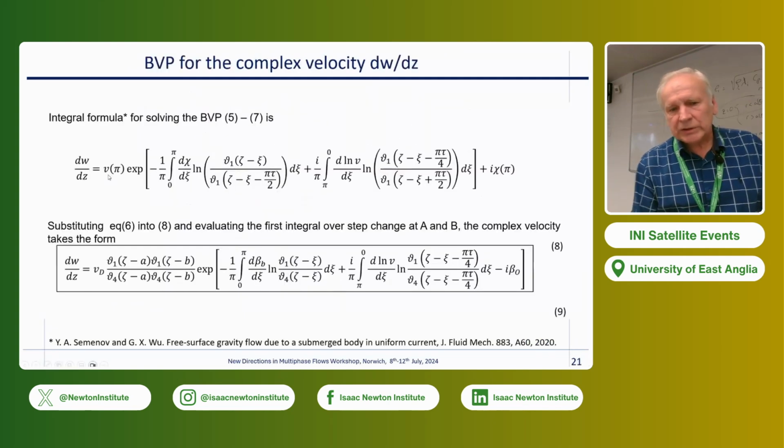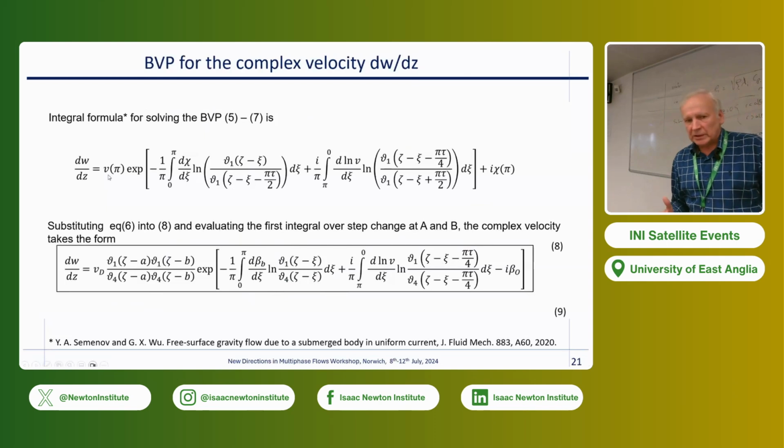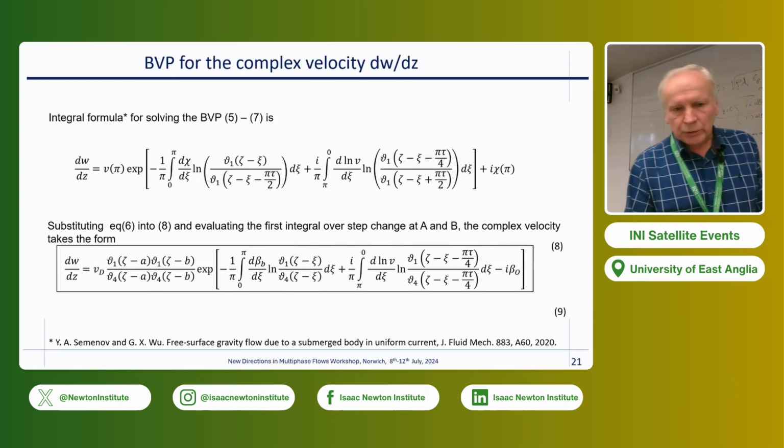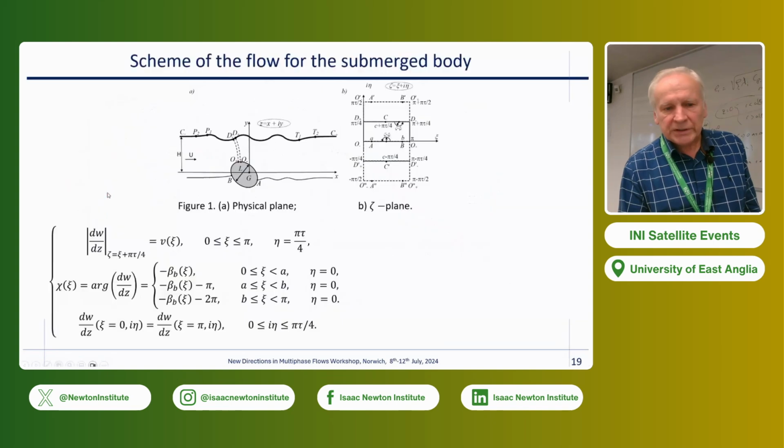So we derive an integral equation to solve this boundary value problem. It is given the velocity magnitude on the interface, the velocity argument on the body, and periodicity on the cut.